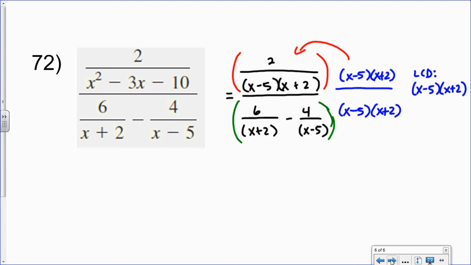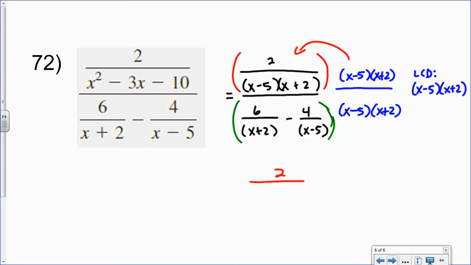So here, both of these will cancel. All right, x minus 5's cancel, x plus 2's cancel. So the only thing I'm left with in the numerator is 2. So this whole numerator becomes 2, which cancels with what I have here.